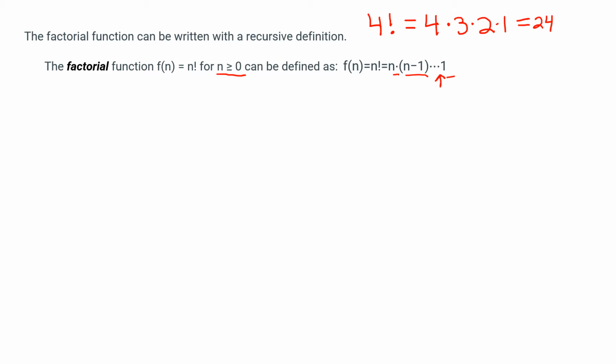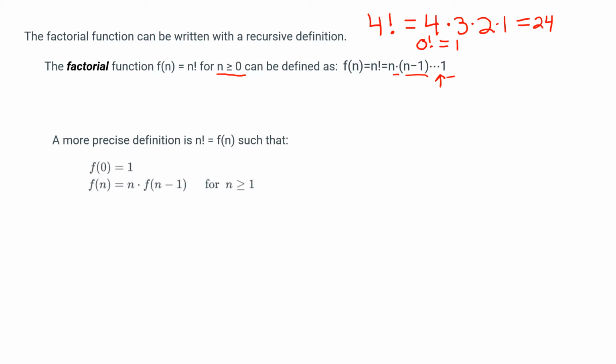In general, let's remember what 0 factorial is. Just by definition, 0 factorial is equal to 1. So we really wouldn't use the same rules for finding 0 factorial as all the others, but that's just the definition. The factorial function is defined for 0, and it's just defined as the value of 1.